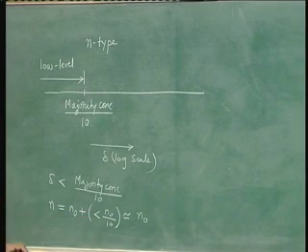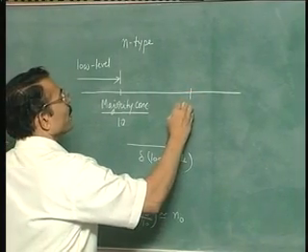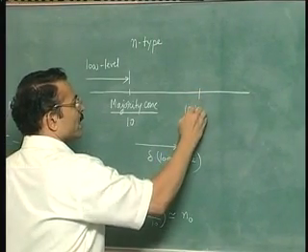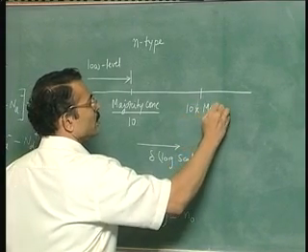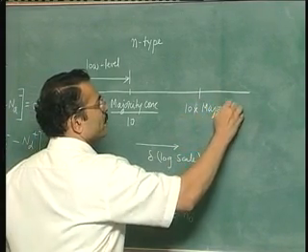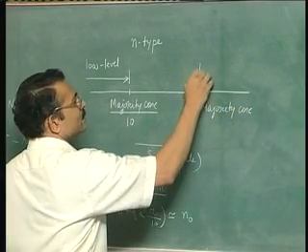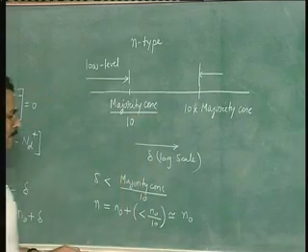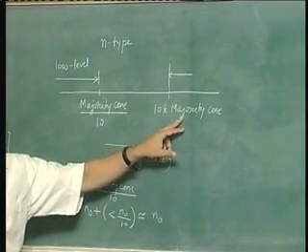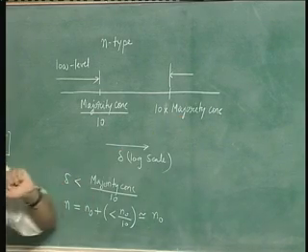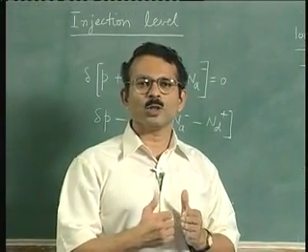On the other hand, if your delta is more than 10 times the majority carrier concentration, that is this point, if delta is here in this region, then both majority and minority carrier concentrations are disturbed, and what you will find is that the concentrations of electrons and holes will tend to become almost equal.